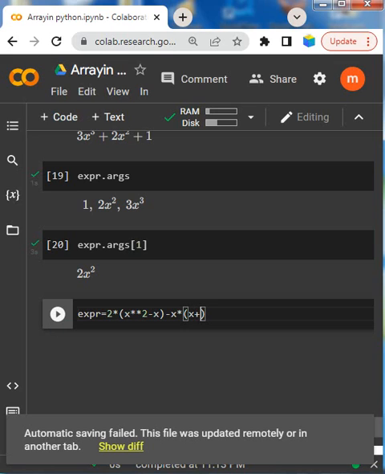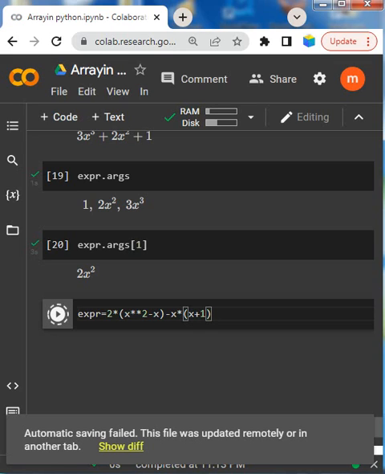Here I write 2 multiplied by x square and minus 1. Let's see what type of expression has been created.